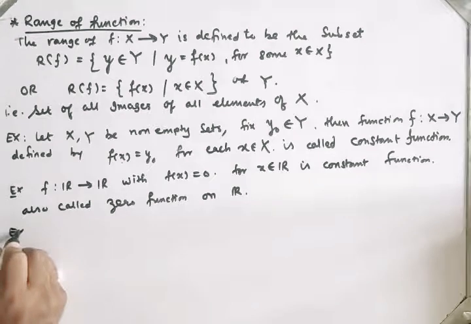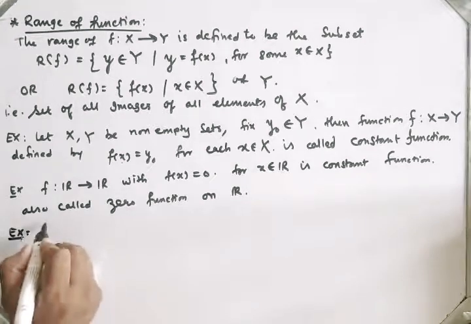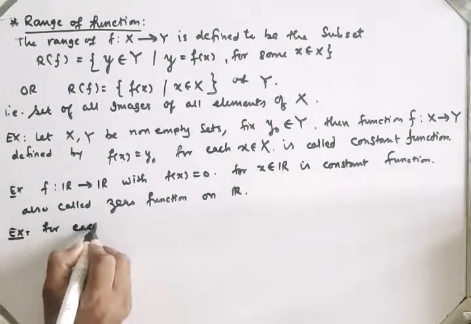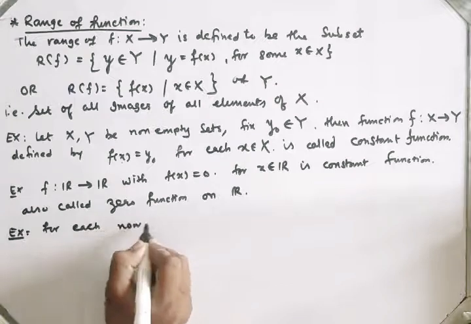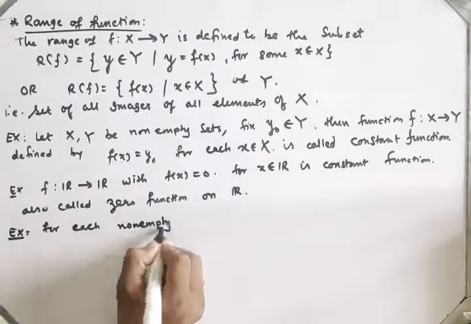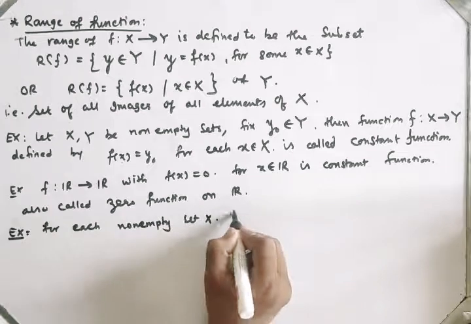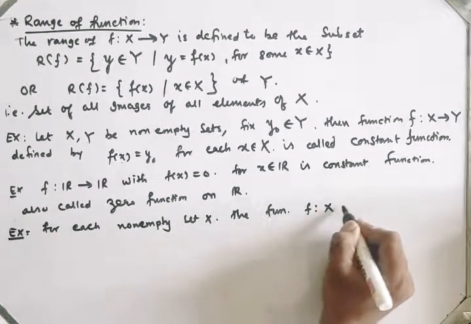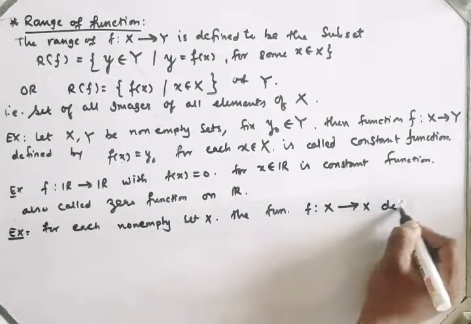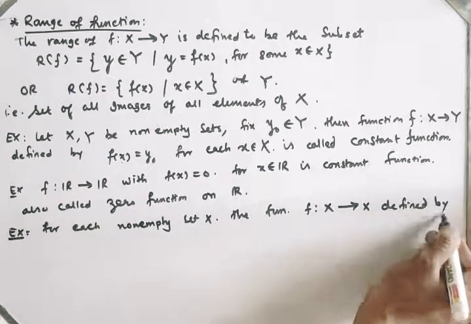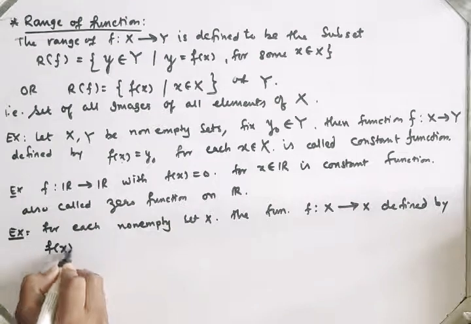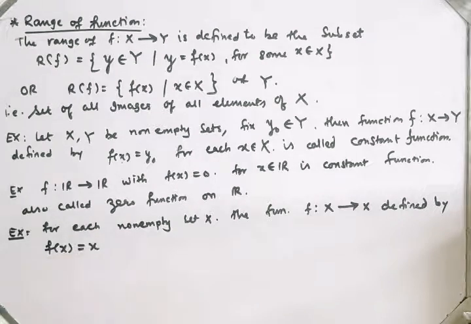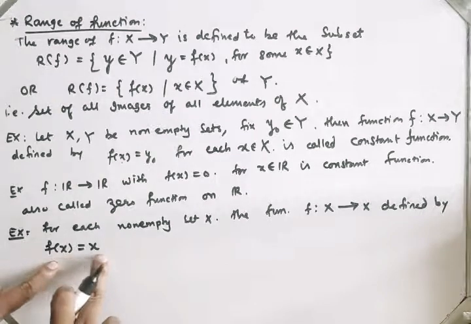And next I will take the identity function. For each non-empty set X, the function f from X to X defined by f of x is equal to x. Identity function means if I take value 1, I will get 1; if I take value 2, then the output will be 2.